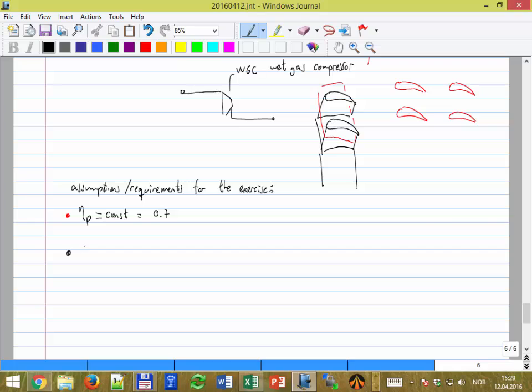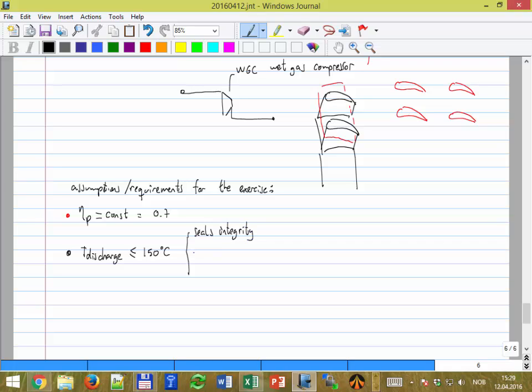Then we are going to say that the temperature at the discharge has to be less or equal to 150 degrees Celsius. Okay, that's because of seals integrity.